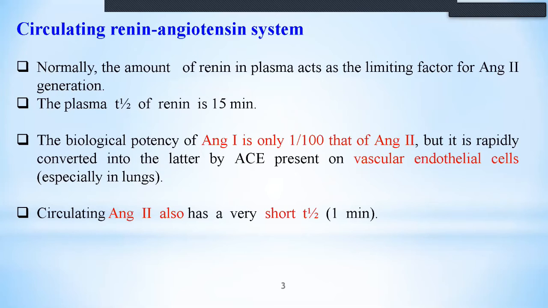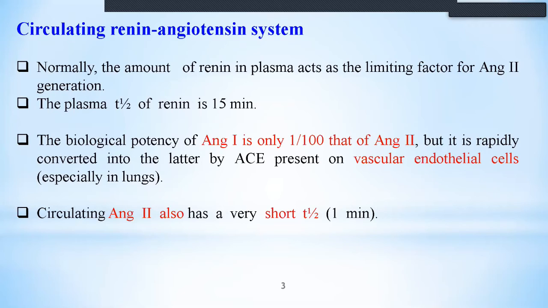Normally the amount of renin in plasma acts as the limiting factor for angiotensin 2 generation. The plasma half-life of renin is 15 minutes. The biological potency of angiotensin 1 is only one hundredth that of angiotensin 2.